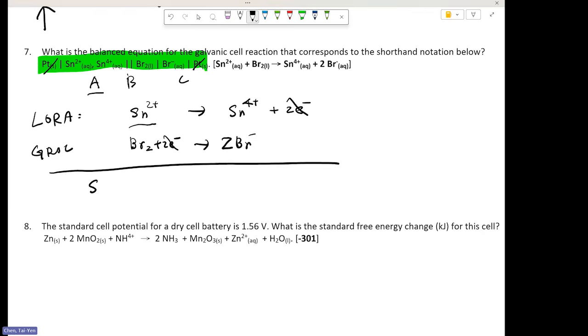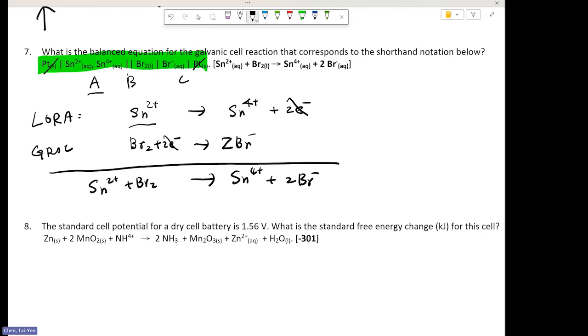Then all you have is Sn2+, Br2. They give you Sn4+ and 2 Br minus. So this portion is relatively easy because the electrons produced by your anode are the same as the electrons accepted by your cathode.